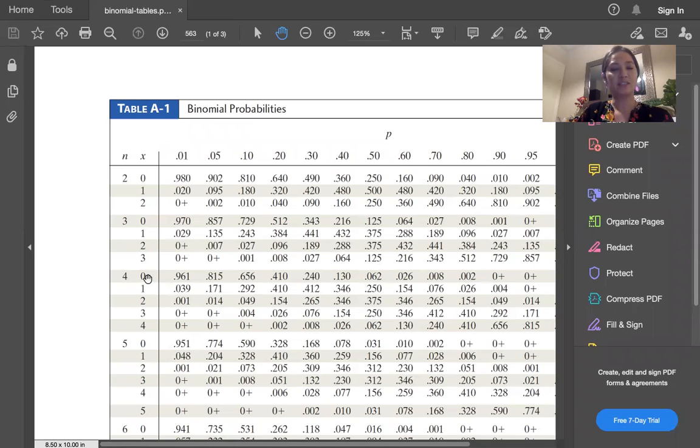So what we're really interested in is the probability for every single value of X for our probability distribution, for X equals 0, 1, 2, 3, and 4. And so we know we're going to look at one of these columns over here. Now to find it, we need to find the correct probability. The probability was 1 in 5. That's the same as 0.2.